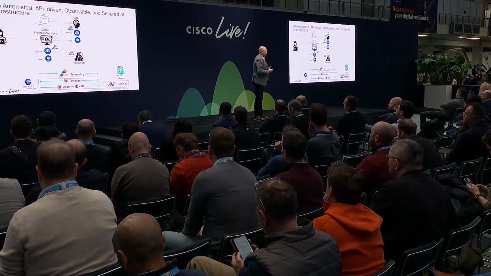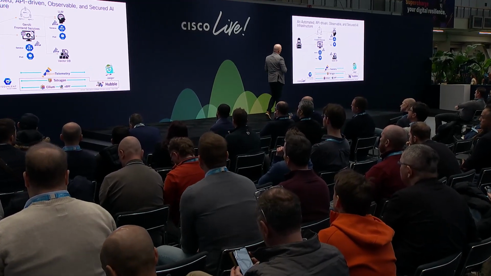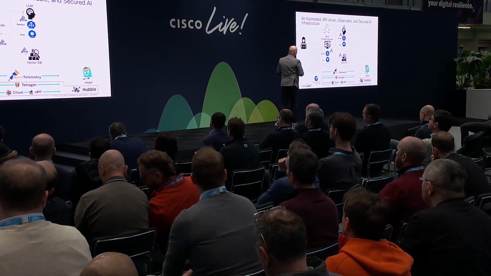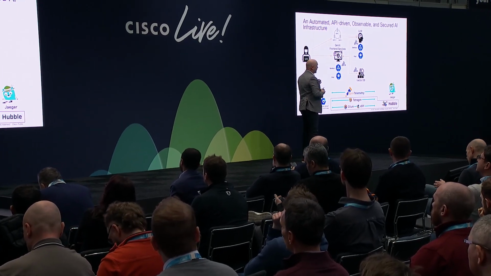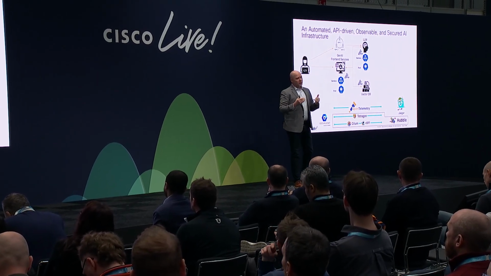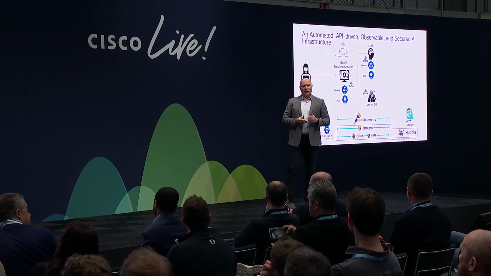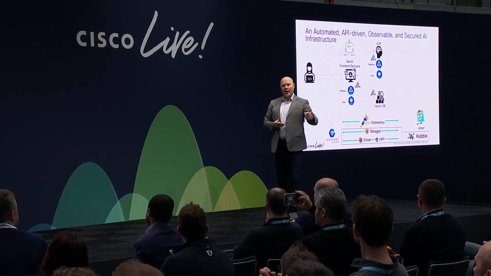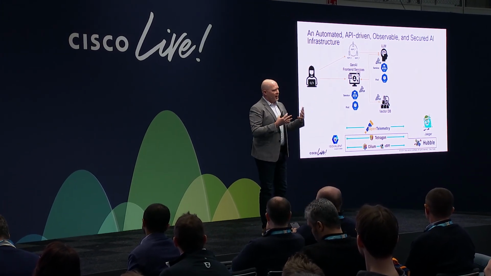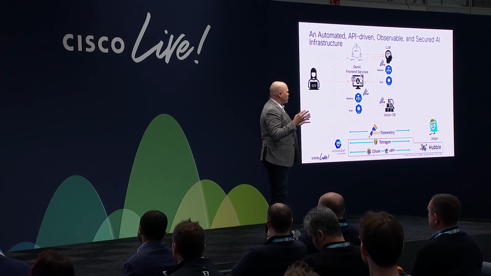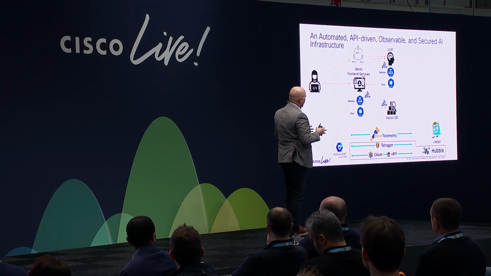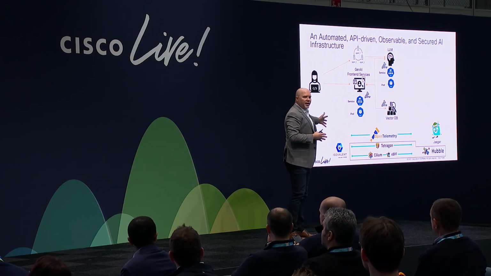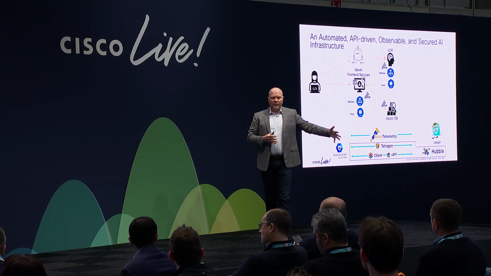Whatever that interface is, you're probably doing it over an API, and you are leveraging a backend infrastructure, large language models, vector databases, and again, these things are more times than not manifesting themselves as containers that live in a pod that are represented by a service inside of a Kubernetes environment. Okay, so pretty straightforward. And that allows us to leverage all of the goodness of all of the network semantics that we're already familiar with today.